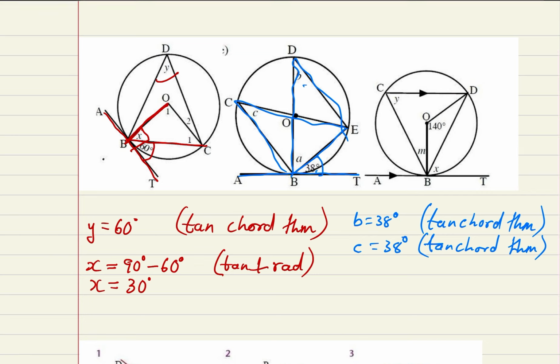Now I have a diameter here. That means this is 90 degrees. That means A is equal to 90 degrees minus 38. Why do I say so? Now this is a diameter perpendicular to the tangent.